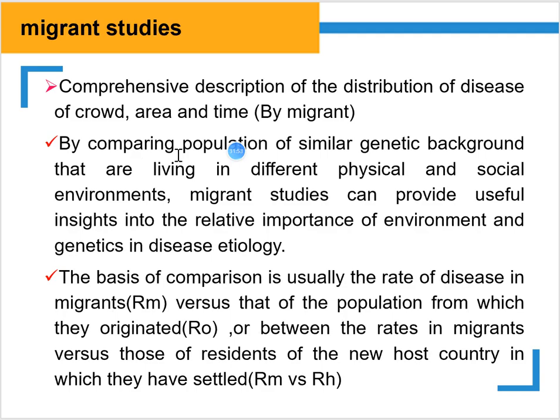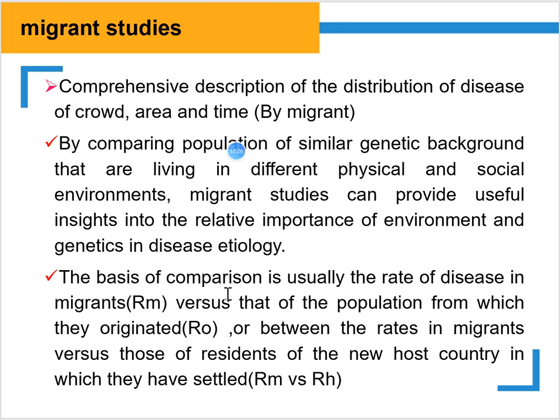A comprehensive description of the distribution of disease by crowd, area, and time is given by migrant studies. By comparing populations of similar genetic background that are living in different physical and social environments, migrant studies can provide useful insights into the relative importance of environment and genetics in disease etiology.